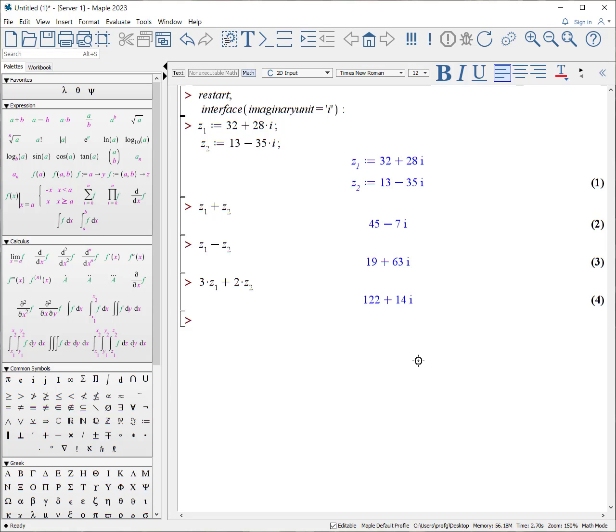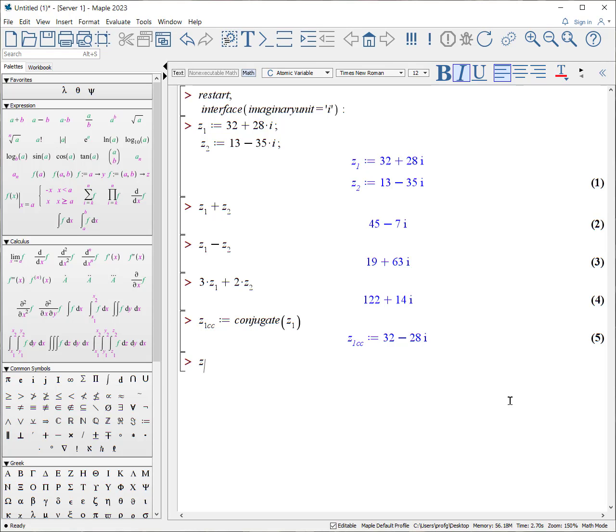If you need to take the complex conjugate, the easiest way is to write it out. For example, z1 complex is equal to the conjugate of z1, and instead of being 32 plus 28i, it's 32 minus 28i.